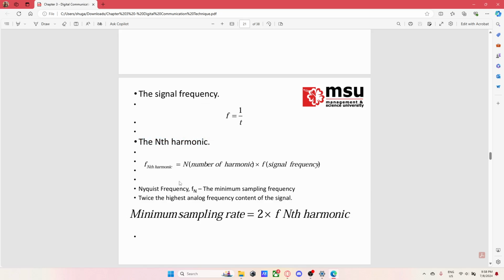Alright, and for the nth harmonic, the Fn depends on the number of the harmonic, which equals, like I mentioned, the number of the harmonic times the signal frequency.